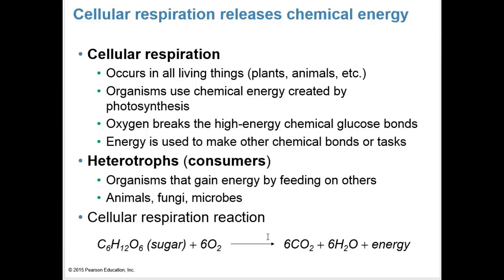Organisms use chemical energy created by photosynthesis. Basically, they take the glucose that was made during photosynthesis, and they also breathe in oxygen and do chemical reactions within the cell part called the mitochondria, where they break the high energy chemical glucose bonds, and they use that energy to make other chemical bonds or to do other tasks in the body.